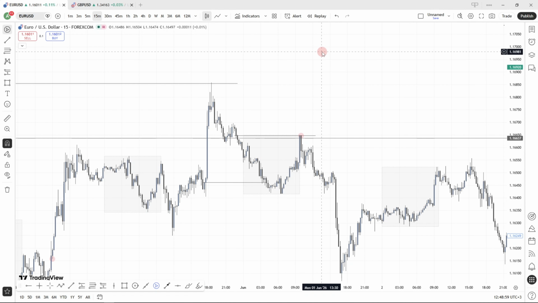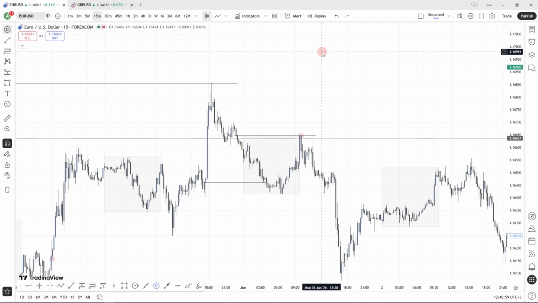And then the next day, same case: manipulation, and then accumulation, manipulation, and then distribution, and then accumulation, manipulation into a higher time frame key level, and then distribution, manipulation, accumulation, manipulation, distribution. Remember, all these, it's tapping into a higher time frame key level.